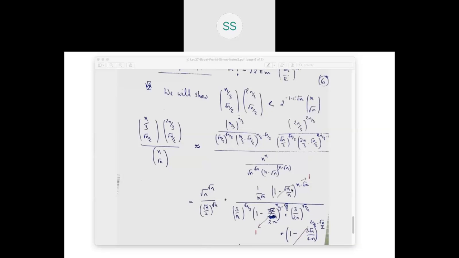Then we have the remaining terms, and I do some kind of rearrangement. So what we have here is the reciprocal of the bottom part. I have taken it to the numerator. I take n by square root n, and the other n is taken inside this.